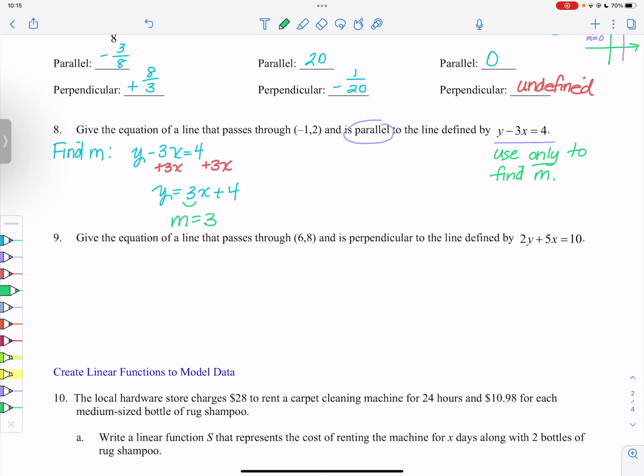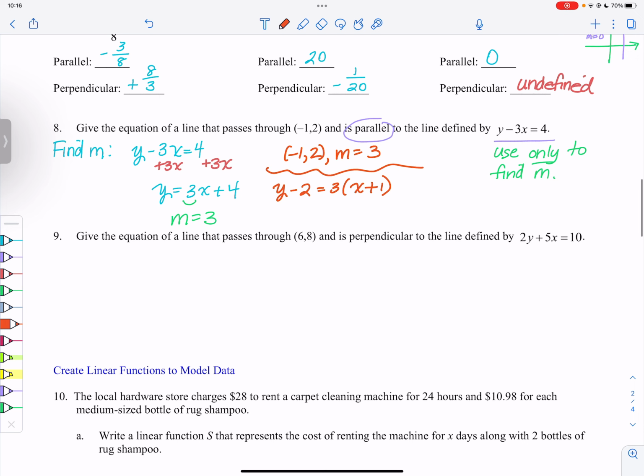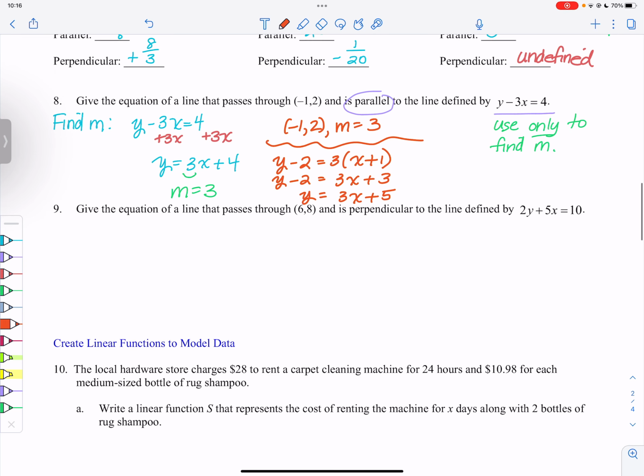So now, if we have this point and we have this slope, let's write the equation of a line. y minus the y value equals the slope times x minus the x value. And we can distribute that 3 and then add 2 to both sides.